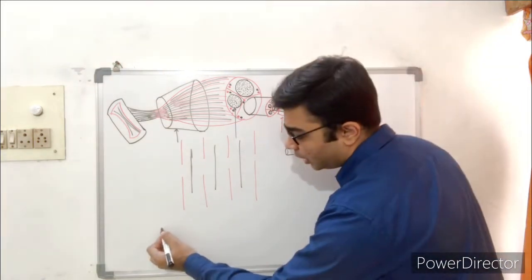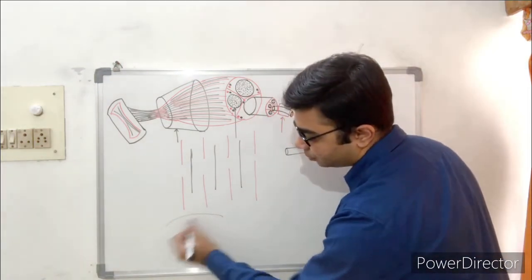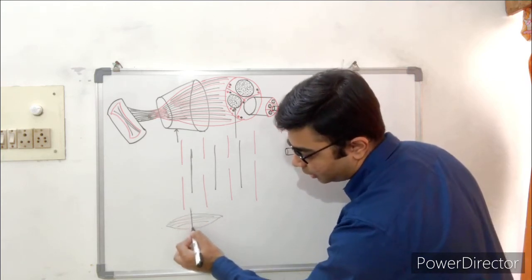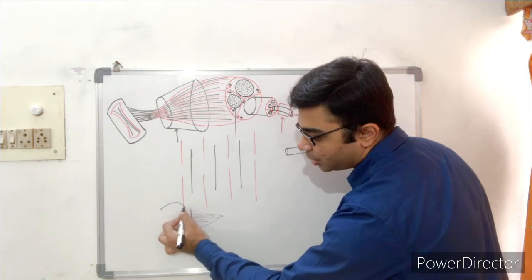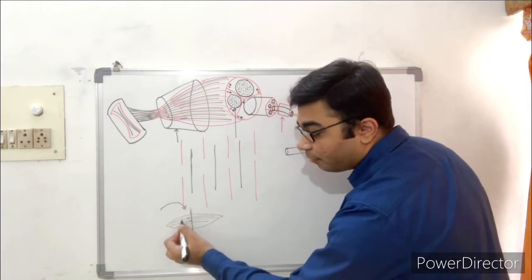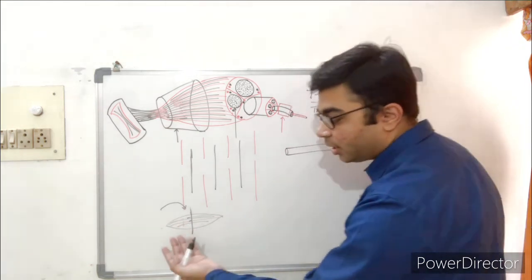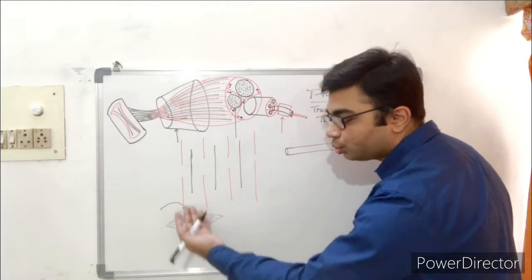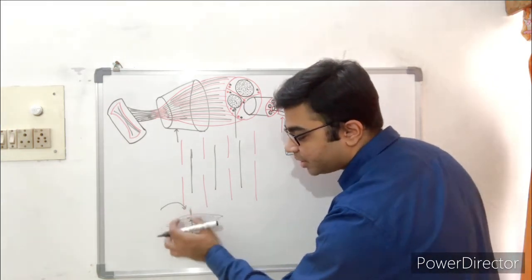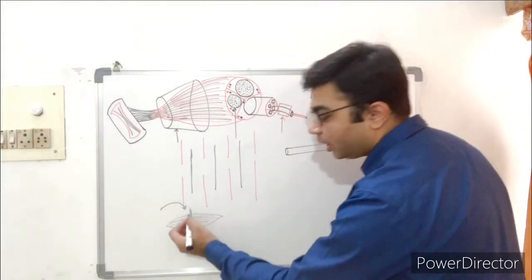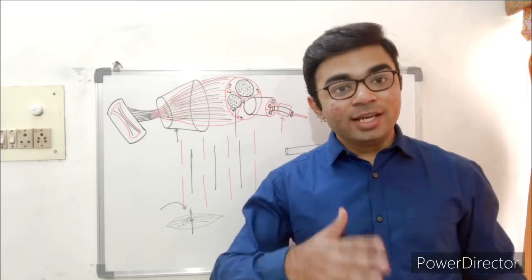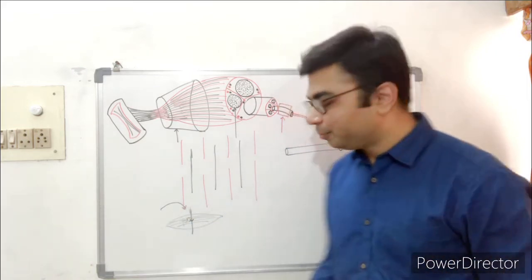So suppose this is the muscle, and the transverse tubules are traveling through and through. Whenever an action potential comes, it becomes very easy for the myofibrils, which are present exactly horizontal to these transverse tubules, to receive the action potential from the T-tubules. And T-tubules also help in the conduction of the extracellular fluids.